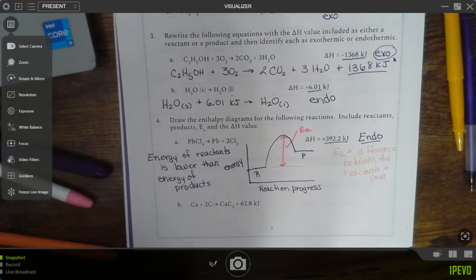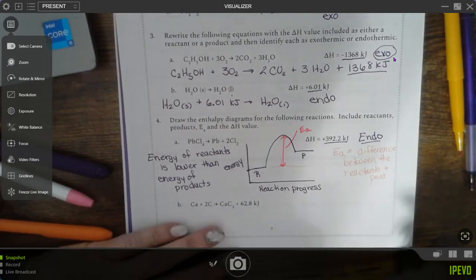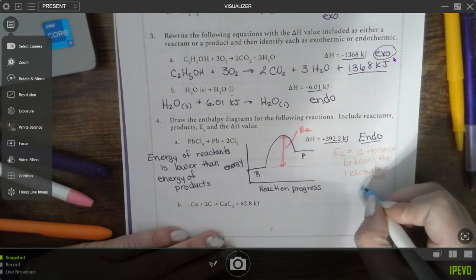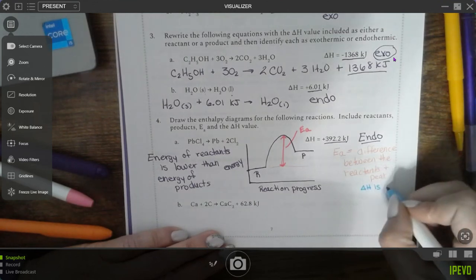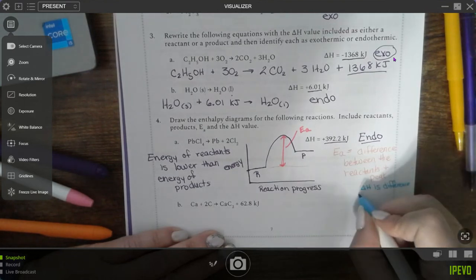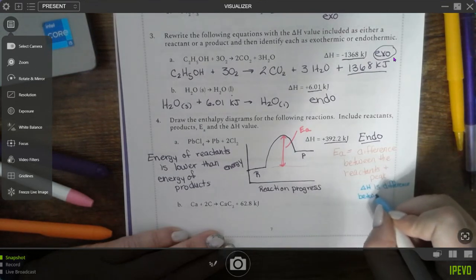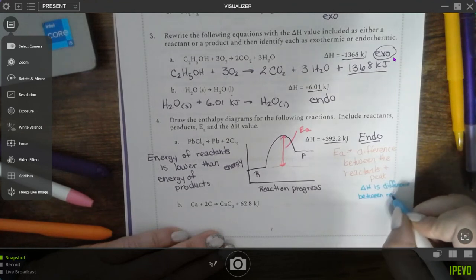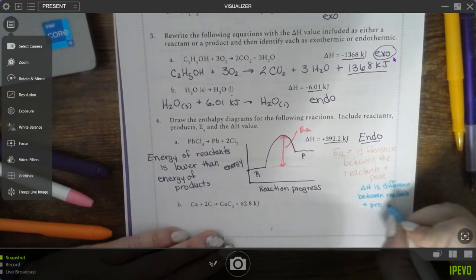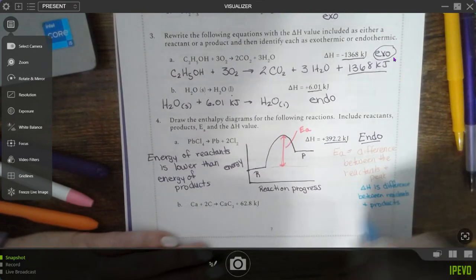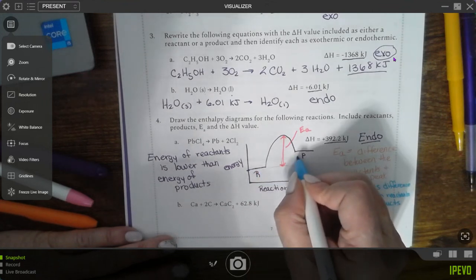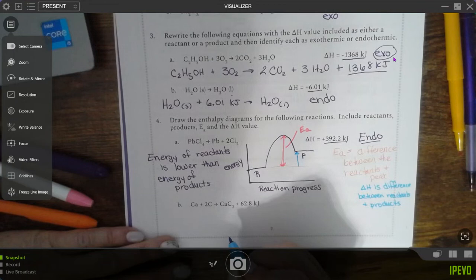Okay, delta H is the change in enthalpy. Okay, and remember that the change in enthalpy is the difference between reactants and products. So I'm going to draw a line from the energy level of my reactants up to my products. Okay.